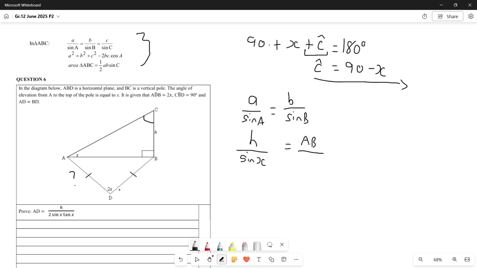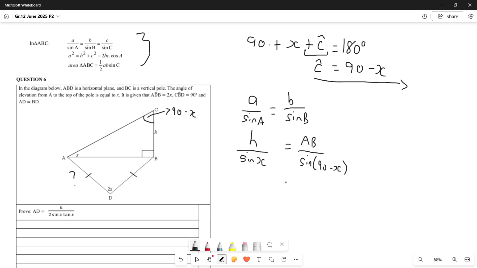And this is a good thing for us because we are going for a tan x, which means we would need a cos x, and right now this has something to do with a cofunction. So if we plug it in here, and we know this angle now is 90 degrees minus x, which we just solved, we can go sine brackets 90 minus x over here.